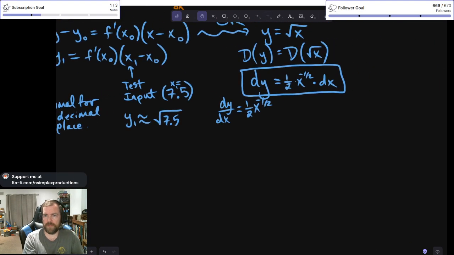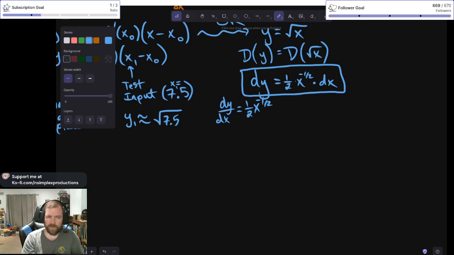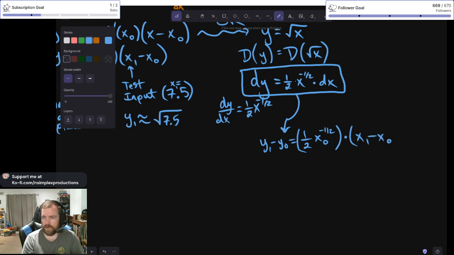So this may be a little bit weird to look at, but it works. Basically what we're saying here, again, y1 minus y0 is going to be equal to 1/2 x0 to the negative 1/2 times x1 minus x0. It's the same thing as that one over there.